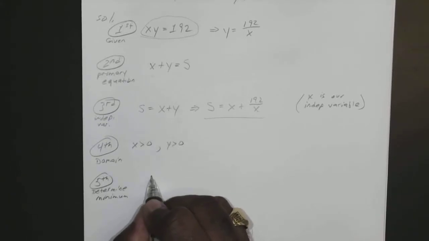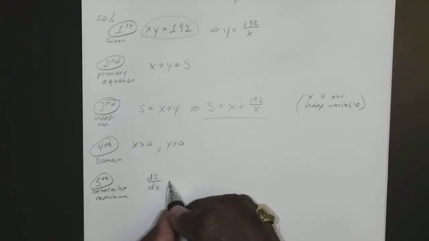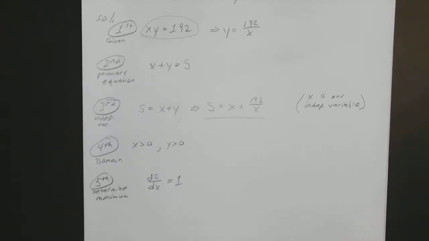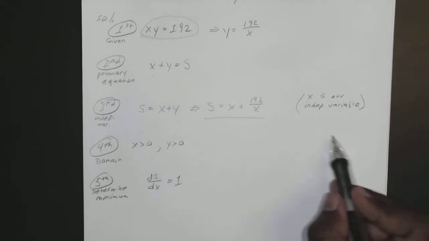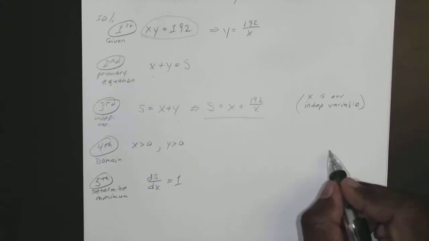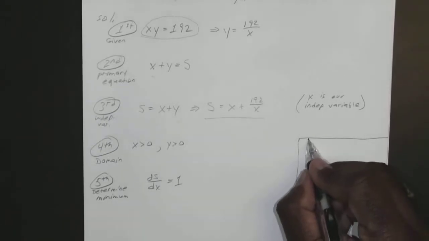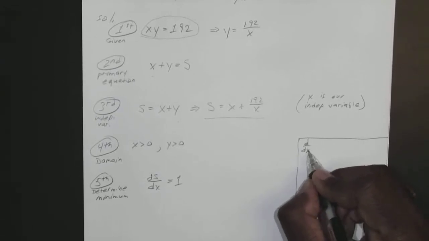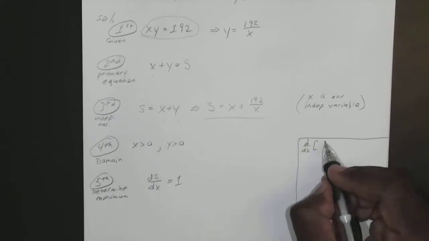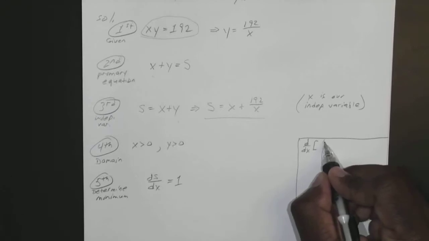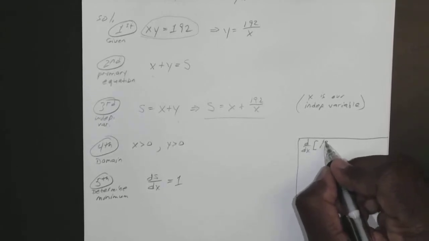The derivative of s with respect to x is equal to 1. And if we rewrote this, and I'll write it over here, the derivative with respect to x of, let's say, 192 times 1 over x.